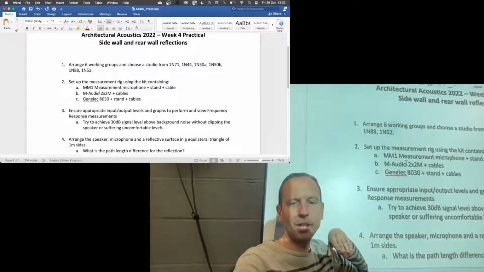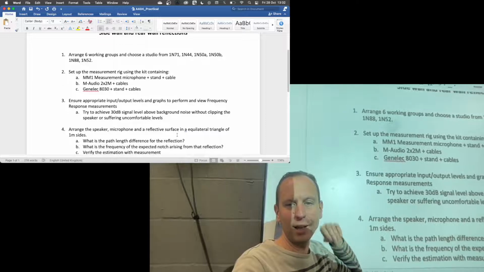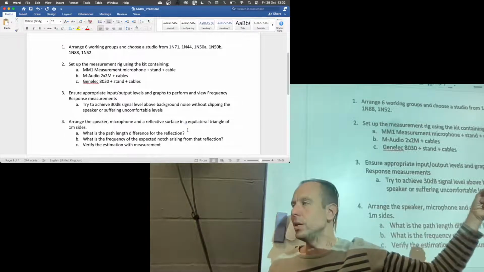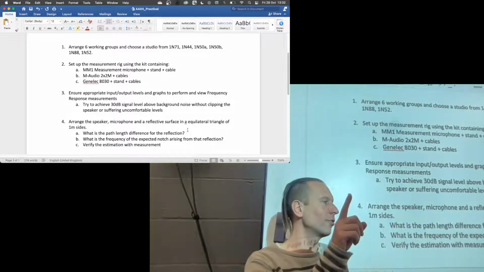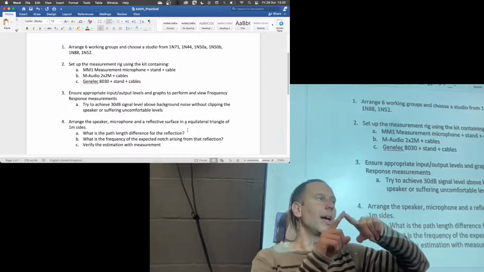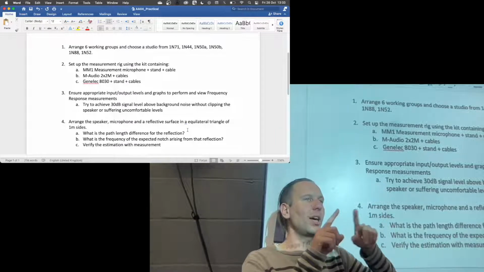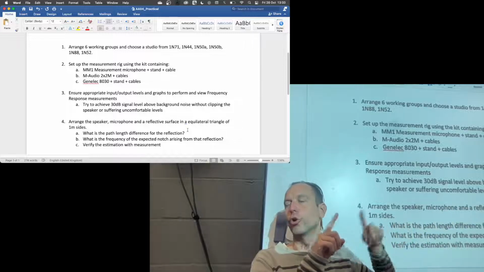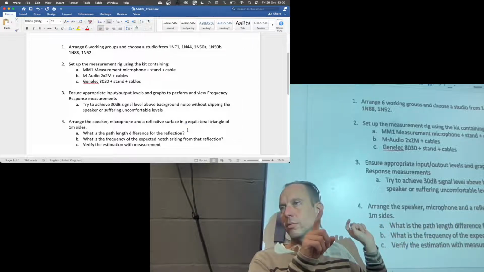So the first thing will be to create an equilateral triangle of each side being 1 meter. I have a microphone at a distance of 1 meter from the speaker, and the triangle which connects the microphone and the speaker via the wall should also be 1 meter each.